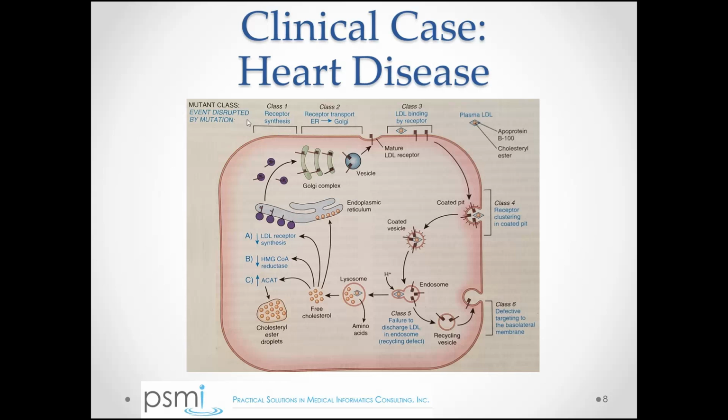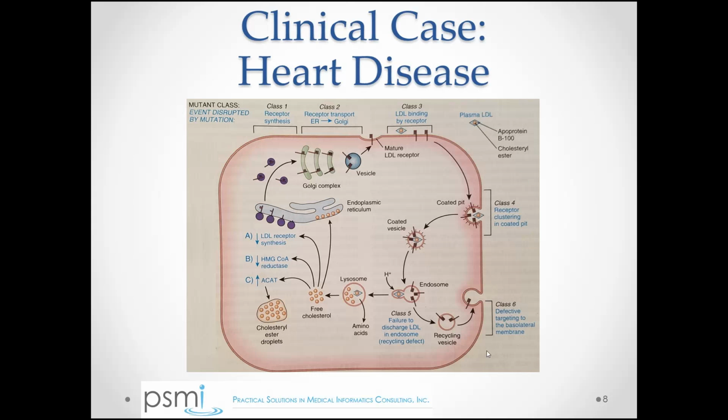We also looked at different classifications of mutations. You may recall when we talked about cystic fibrosis. Class 2 mutations of the LDL receptor interfere with moving the protein product from the endoplasmic reticulum to the Golgi complex. We then have class 3 mutations that interfere with LDL binding by the receptor, and so on.